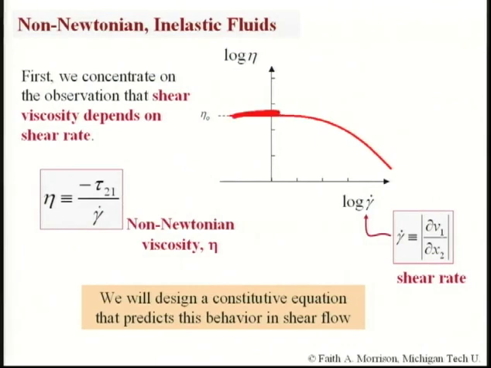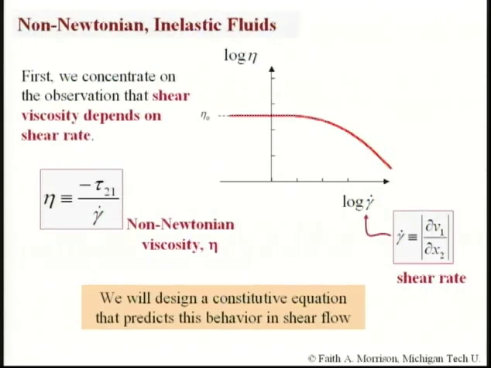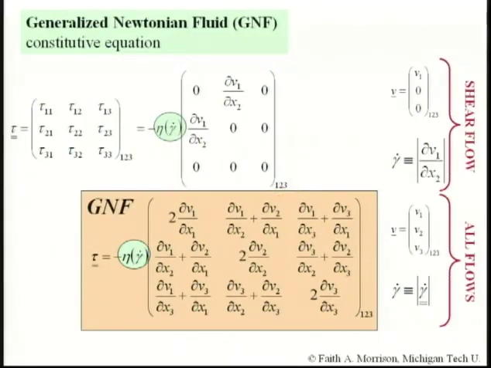So if we put this function in front instead of this constant, then we should predict this behavior. So we're going to just replace this constant with a function, arbitrary function so far, and see how far that gets us.